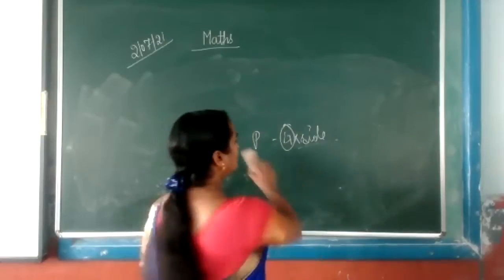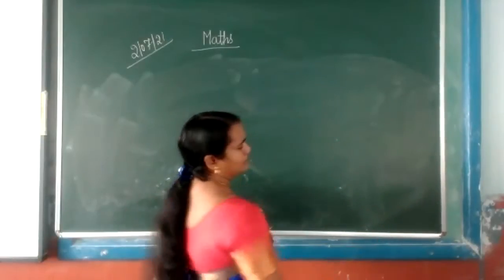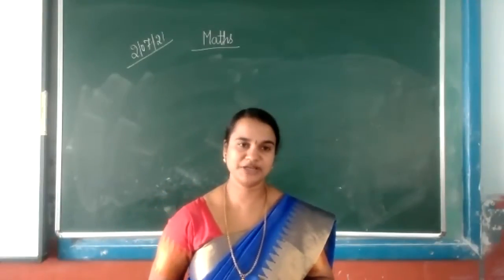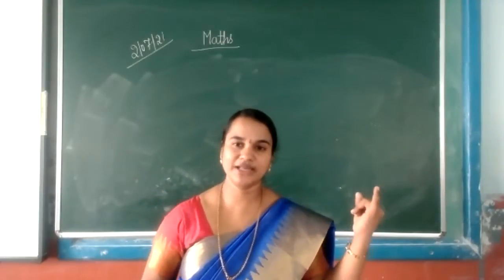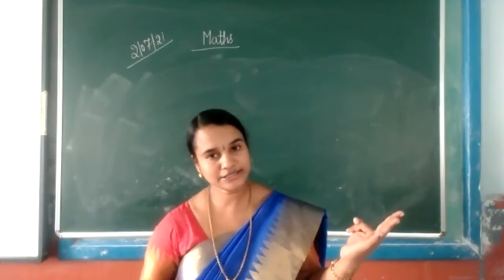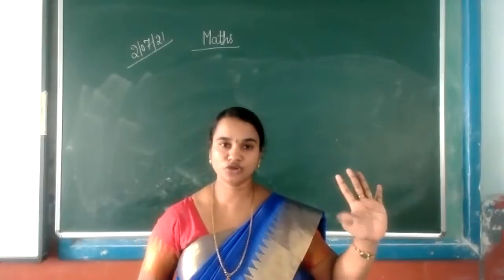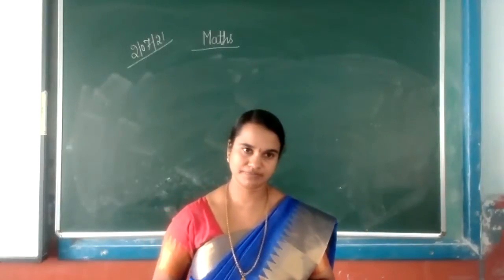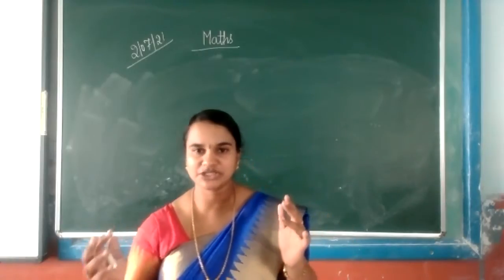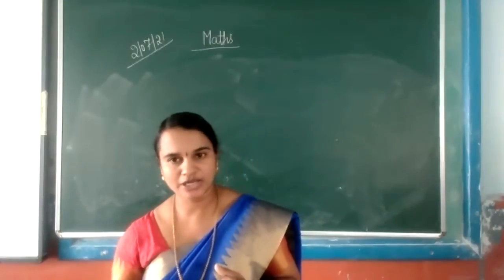Now here we have different types of algebraic expressions. First one is monomial, second one is binomial, then trinomial, then fourth one is multinomial. Now we will understand how to find whether the given expression is a monomial, binomial or trinomial.